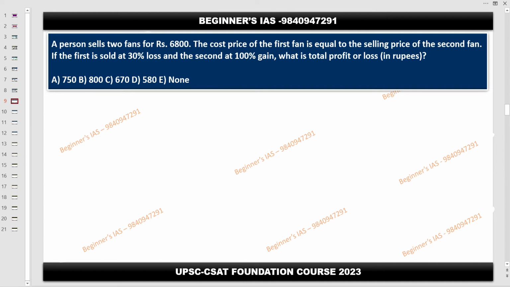If the first is sold at a 30% loss, the second is sold at a 100% gain. What is the total profit or loss in rupees? Shall I wait? Yes, sir. Fine. So calculate the CP, simple. After CP, you can easily find out the profit, which is equal to SP minus CP.